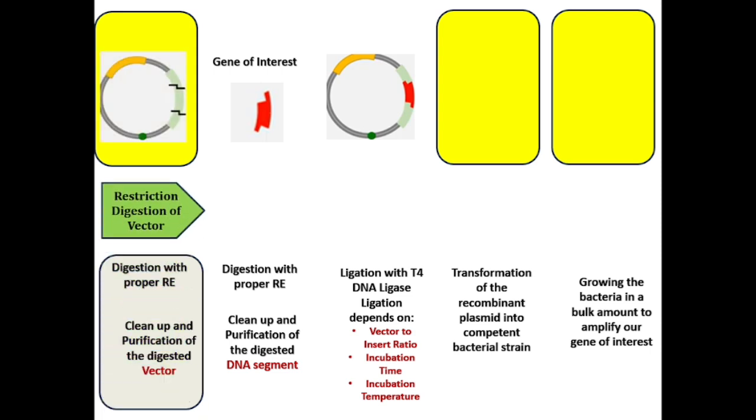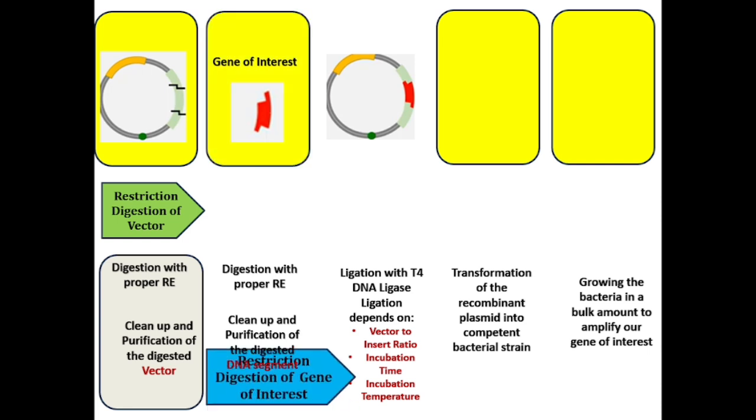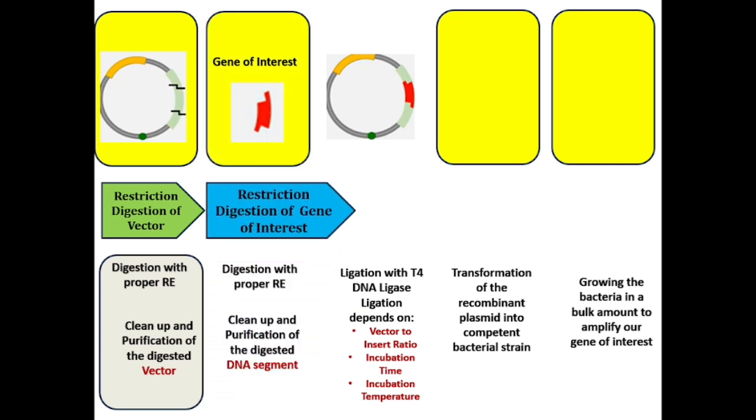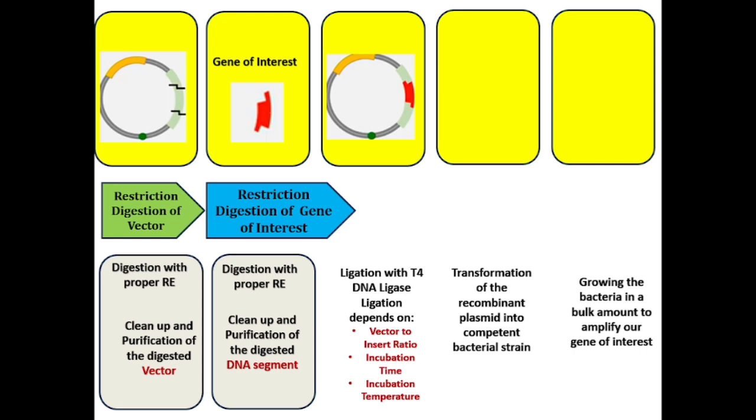The first step of the cloning workflow is restriction digestion of the vector with a specific restriction enzyme present in the multiple cloning site. Similarly, you cut the gene with the same restriction endonuclease. Then comes the ligation step, where you join the gene of interest into the plasmid vector backbone.